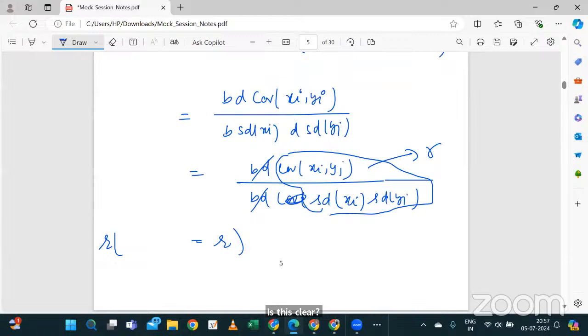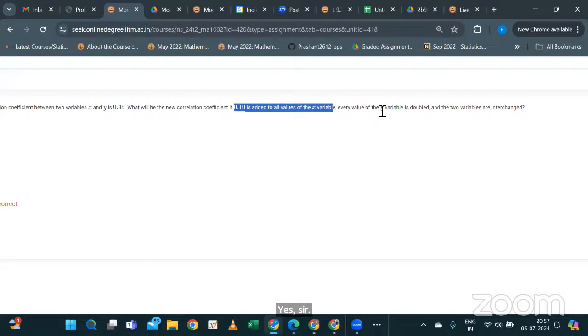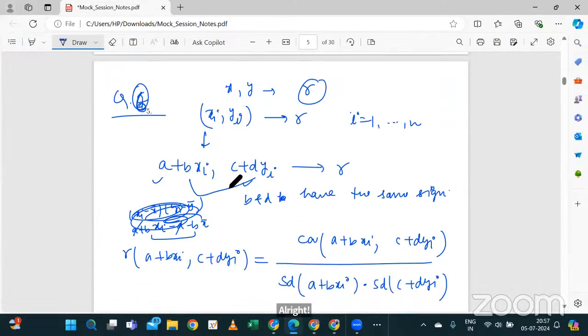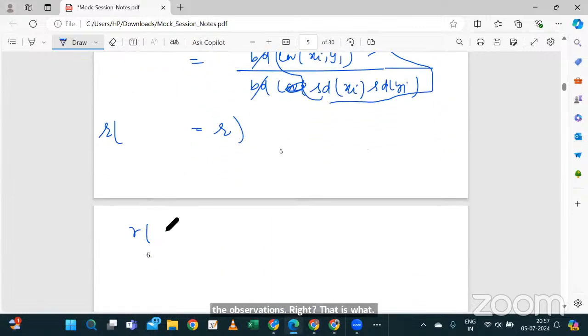By using this, what they are saying, new correlation coefficient, if 0.10 is added to all the values of x and every value of y is doubled. That means 0.10 is going to be added to all the observations, right? We know R of A plus Bxi comma C plus Dyi equals R. We got that, right?